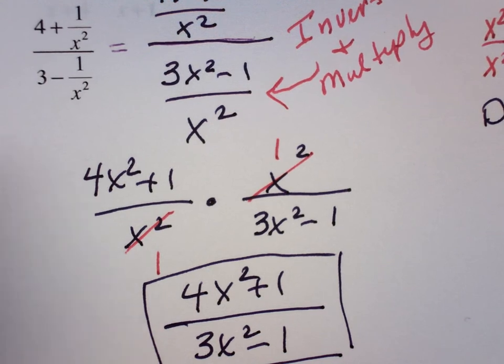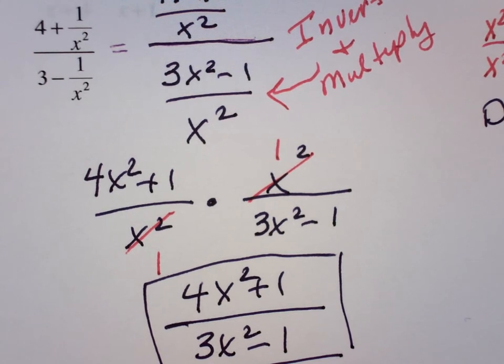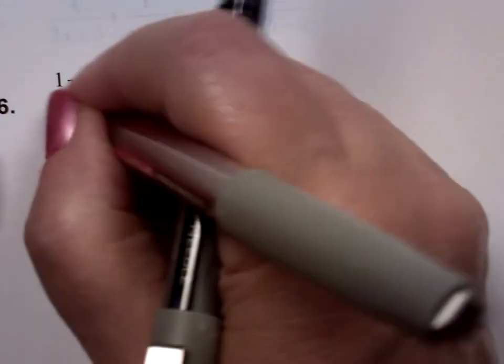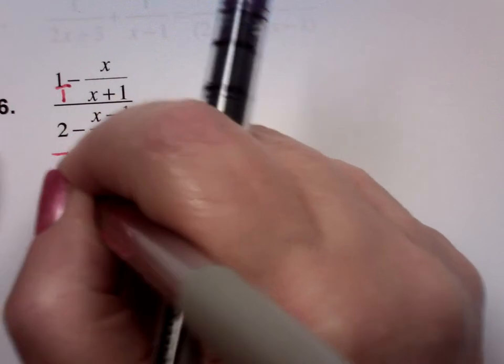So that means instead of just looking for the numerator and the denominator separately, I'm going to look at finding the LCD of them both. So if you think about it, there's a 1 here, a 1 here.